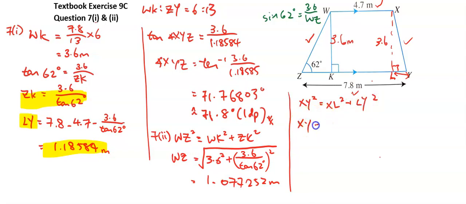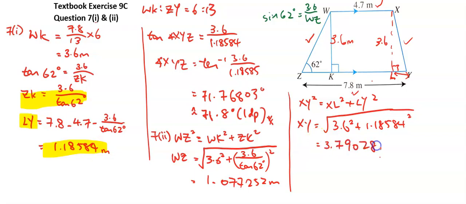We substitute in the values: XY will be the square root of XL, which is 3.6 squared, plus 1.18584 squared. Evaluating this in your calculator, you will get 3.79028 meters. Take note for the values of XY and WZ, I did not round them off to 3SF or anything else. I just keep to 5 decimal places because I know that later on I will need this value again for calculation to produce my answer.